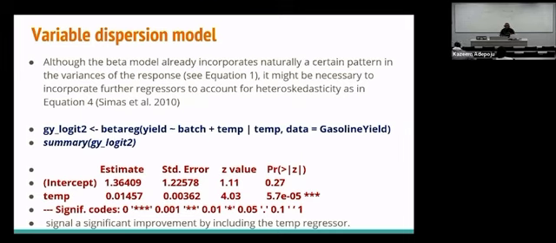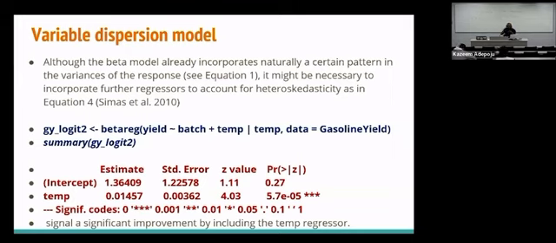Somebody who suggested that idea was Simas et al., 2010. Simas et al. 2010 suggested the idea. You know what we're going to do? I need you to pay attention to what we want to do now. Initially we looked at the effect of batch and temperature on the yield.